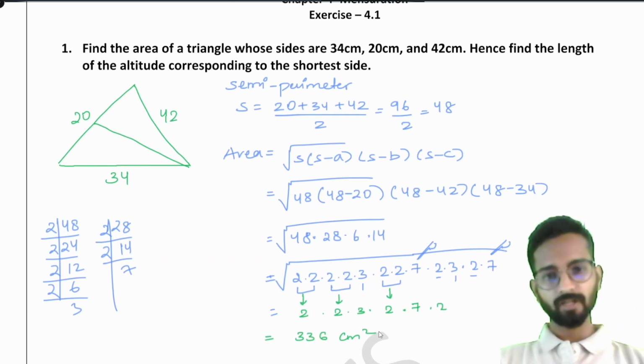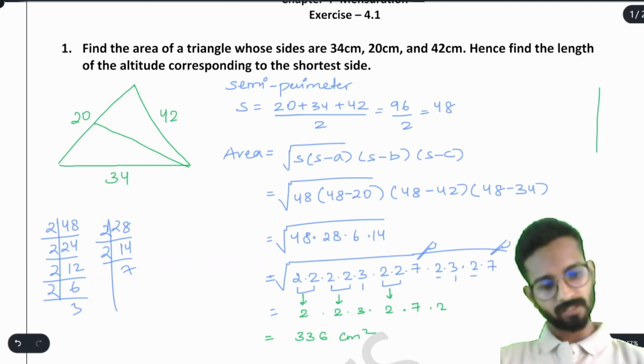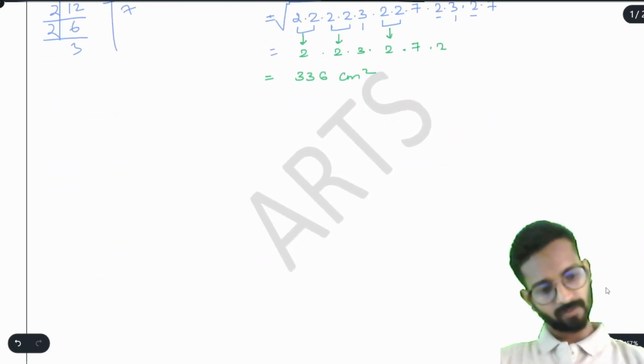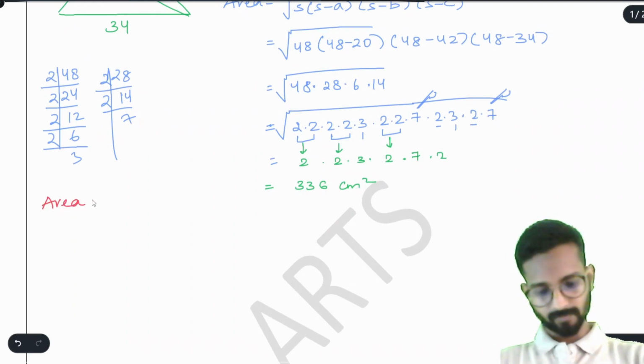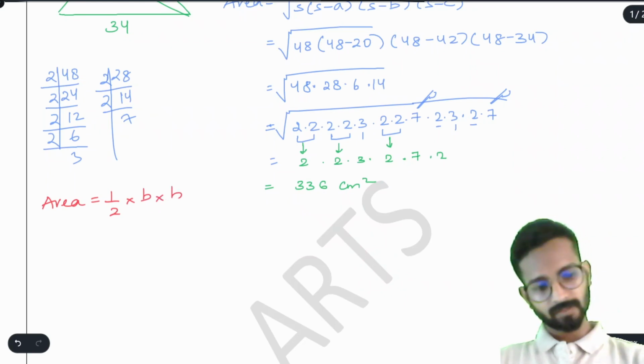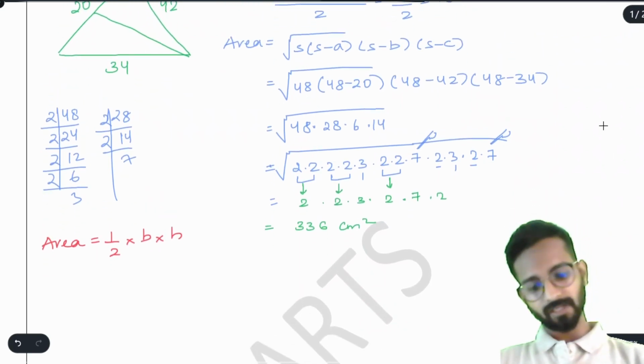See, we already know area of a triangle is half into base into height, and this formula is also applicable to find the area. Now we know that how much is the area? 336 centimeter square. Therefore, we can say area is equal to half into base into height. Base is the smallest side 20.